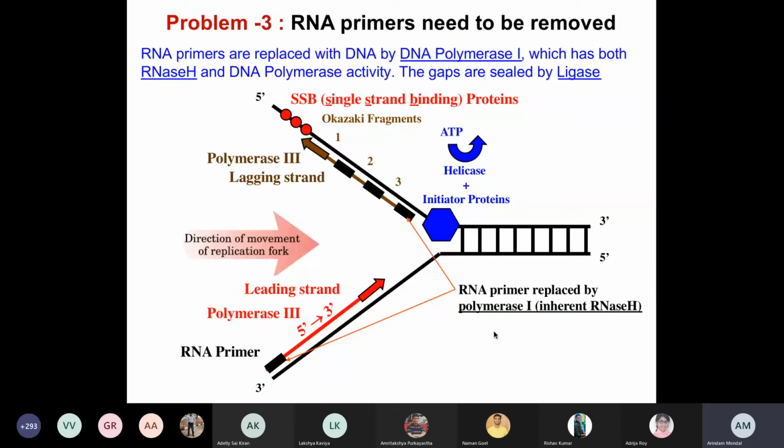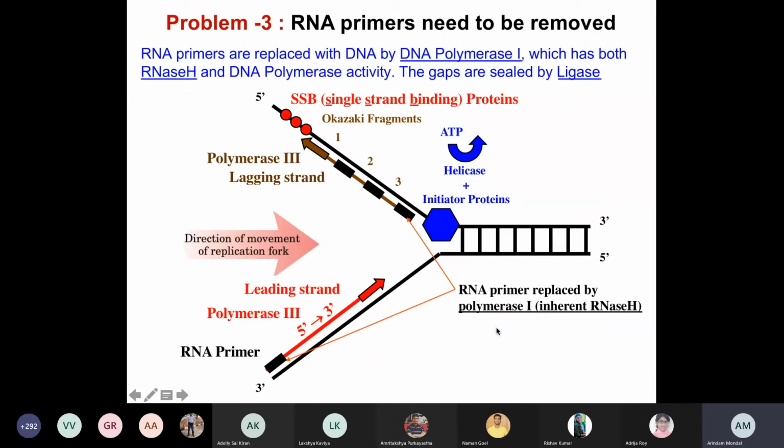H stands for hybrid. If there is an RNA-DNA hybrid, this particular enzyme can recognize that RNA and specifically destroy it. So that's where the H comes from. Okay, so this RNase enzyme can specifically destroy the RNAs which remain in hybrid with the DNA. So that's why RNase H.